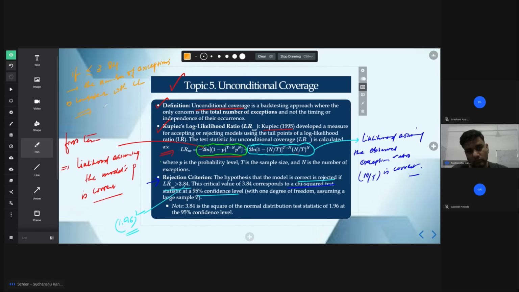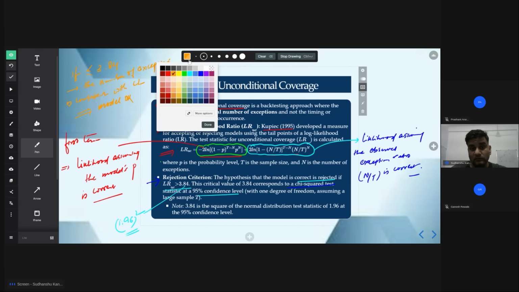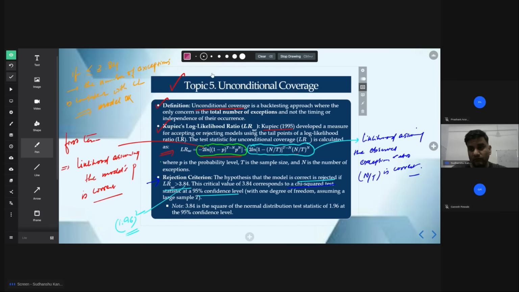It means the model is okay. If your value is greater than 3.84, there are too many or too few exceptions, so the model is rejected.